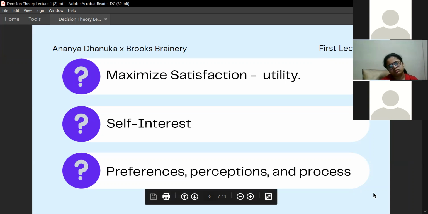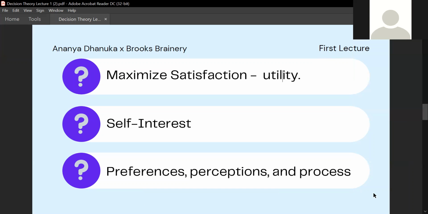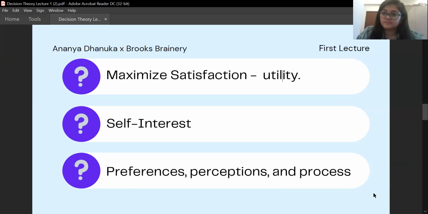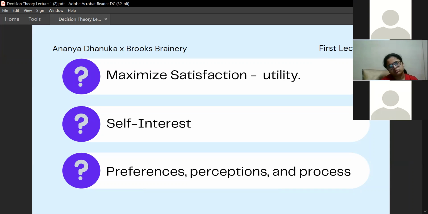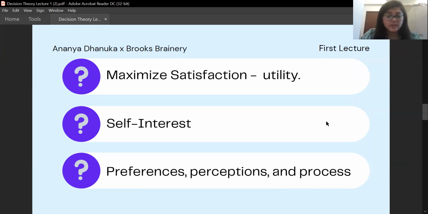It is the next best alternative that is forgone when a decision or a choice is made. Right, exactly. I can't see everyone on my screen because I'm screen sharing, but whoever answered, they're absolutely right.